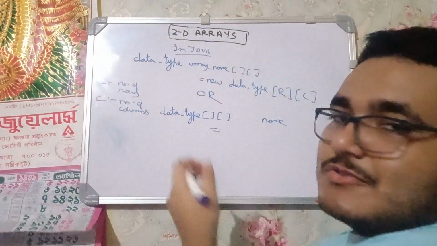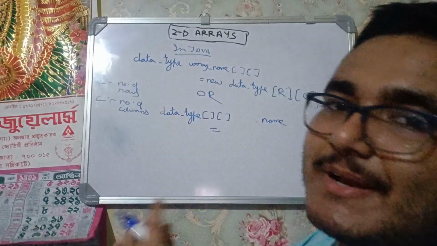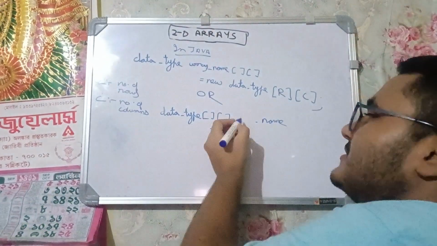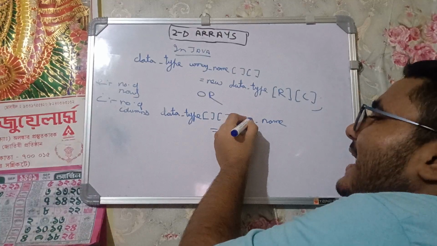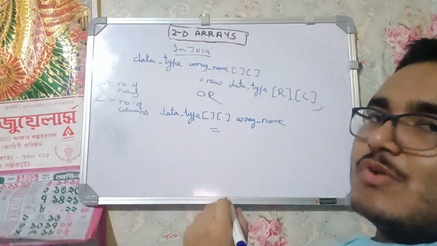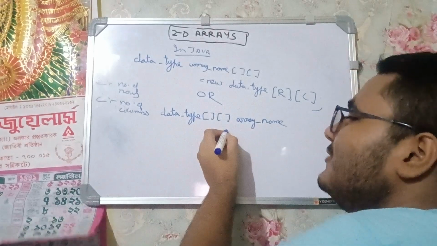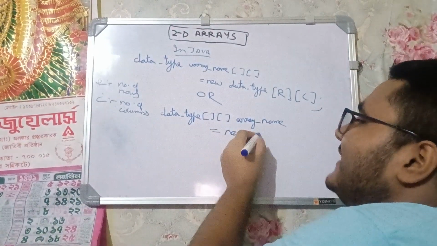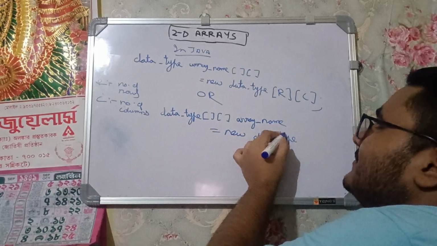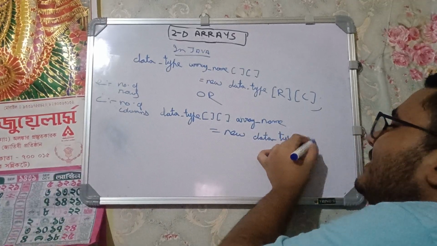See, arrays are also variables only, but as we are taking arrays, array name is the best term to use. Array name is equal to new data type [R][C].